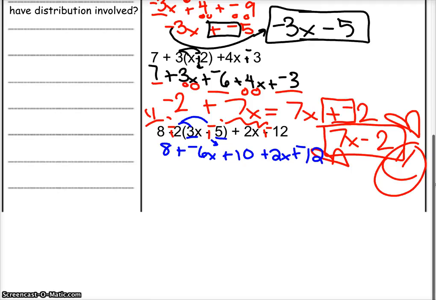Combine like terms left to right. 8 plus 10 is 18. 18 plus a negative 12 is 6. Now I'm going to combine my x terms. Negative 6x plus 2x is a negative 4x.